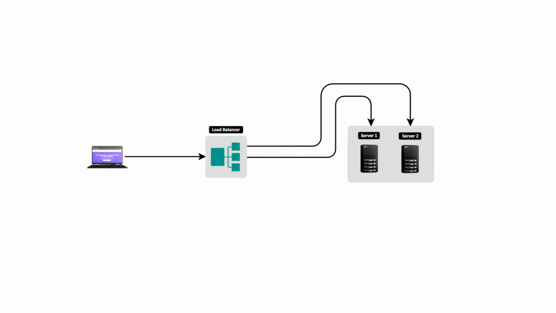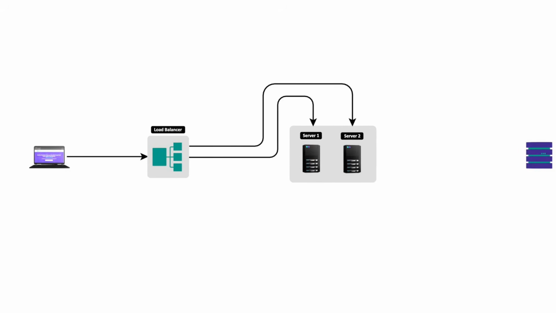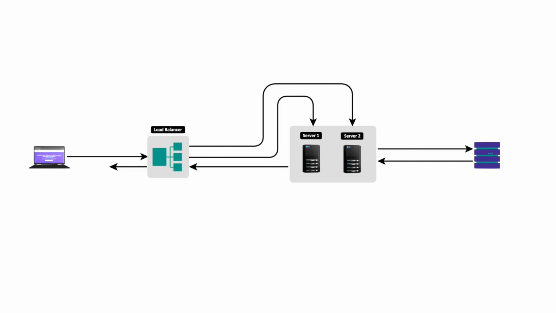And then I will also add a database, because most applications fetch or insert data from a database. So let's say this is coordinating with the database, the result comes from the database, and then your program processes that result and sends it back to the user.